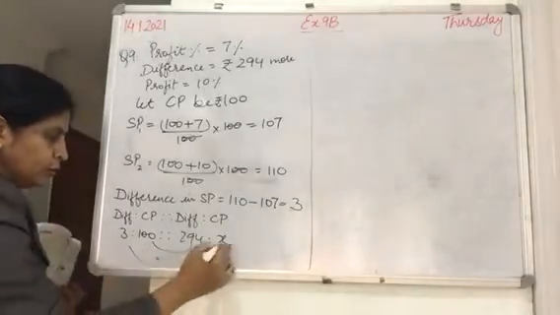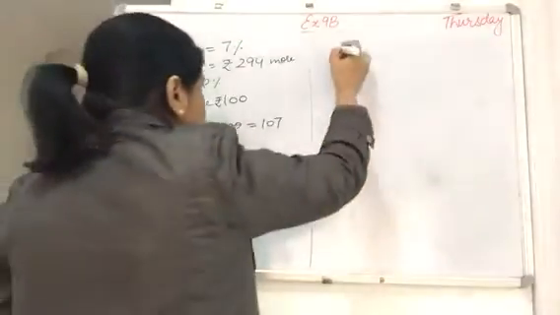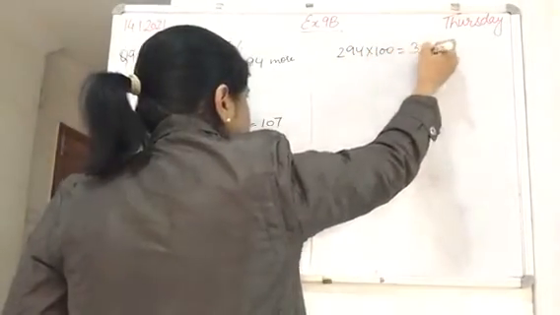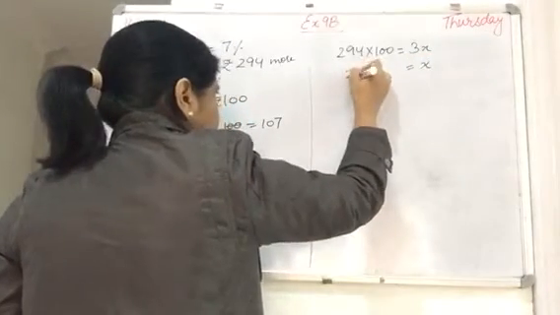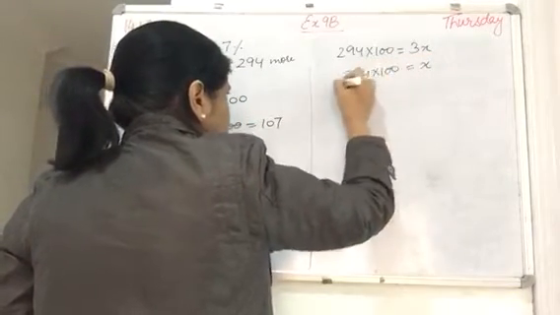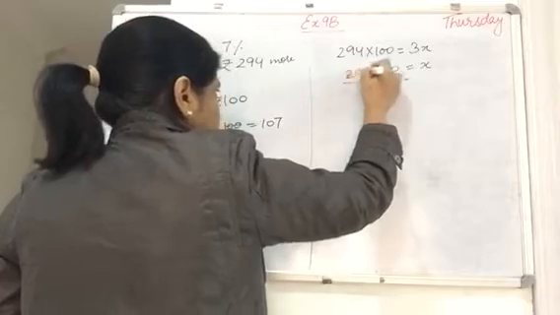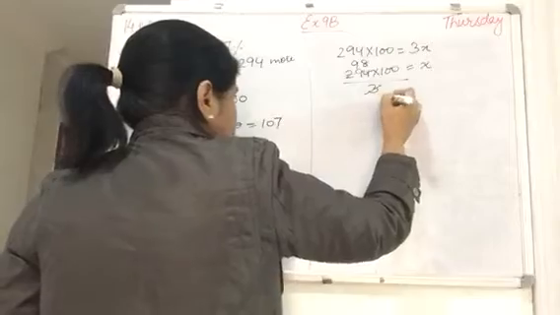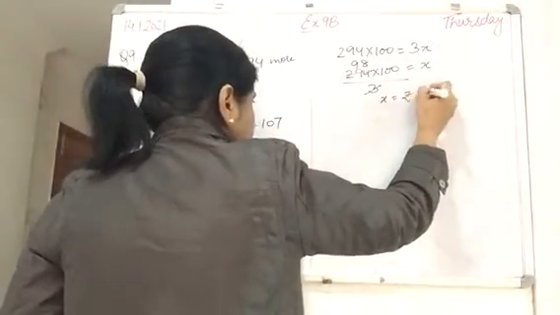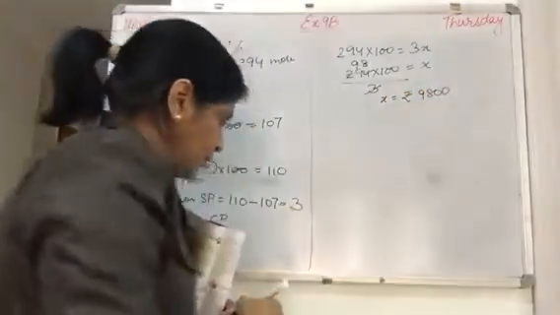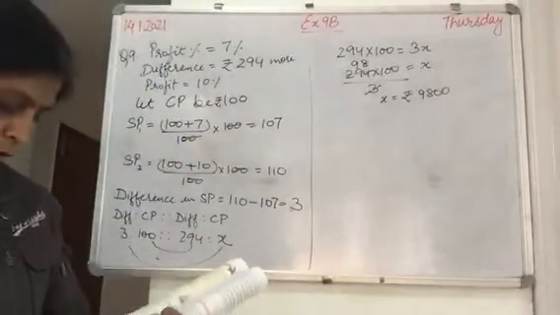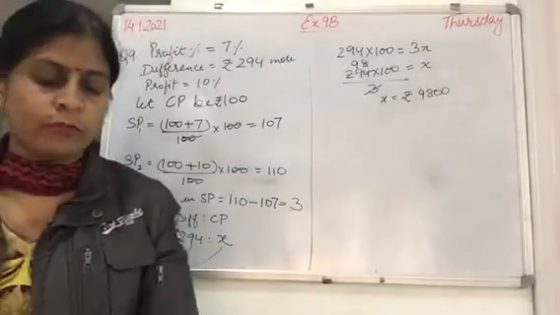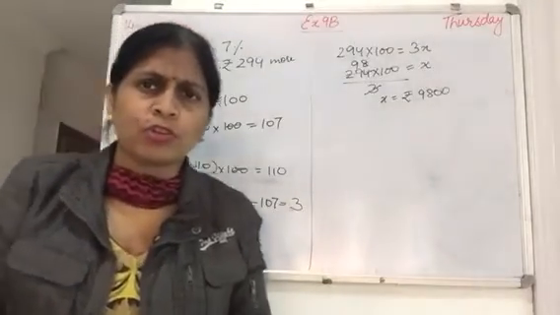Do the formula of proportion: AD equal to BC. 294 into 100 equal to 3x. x equal to 294 into 100 upon 3. 3 nines are 27, 24, 98. So cost price is 98 hundred, and it was asked to find the cost price only. Clear? So like this you will do the 9th question also.